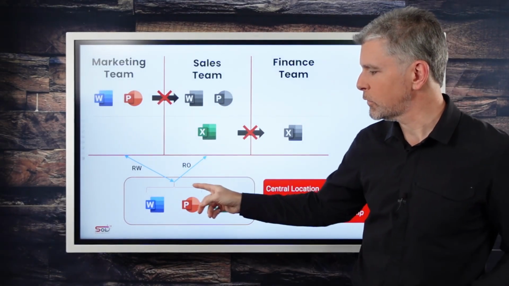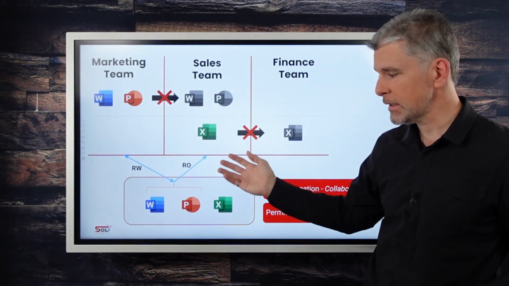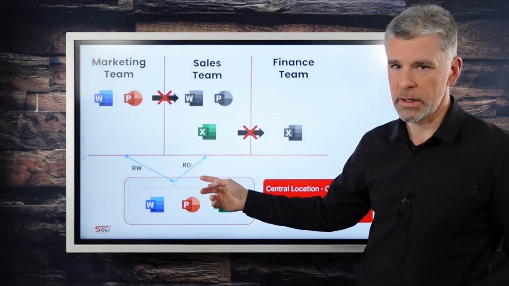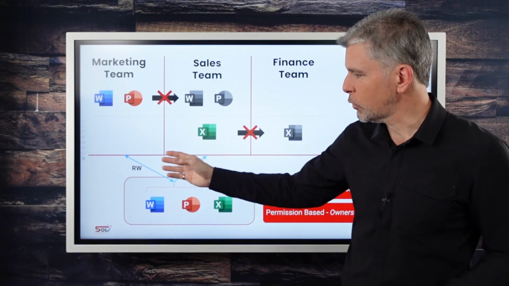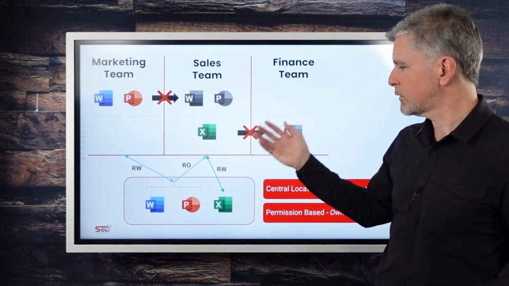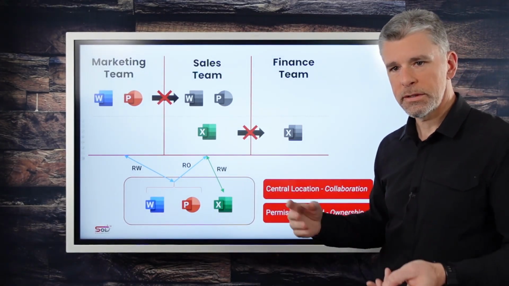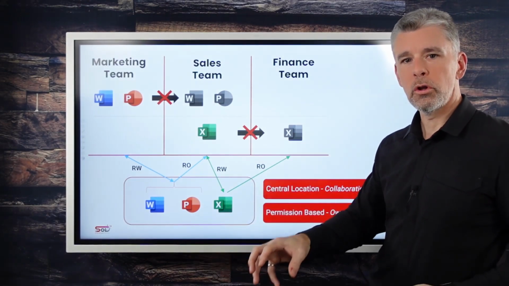So the sales team can use these things very nicely with their customers, their leads, their prospects, and they don't alter the files because they are blocked in writing. That could be one way. I'm not saying it should be this way, but that's one way of doing it in that case. And we can do the same between the sales and the finance team, where they're working on their files to put their forecast and all these things, and finance can read that file to pull up the information.